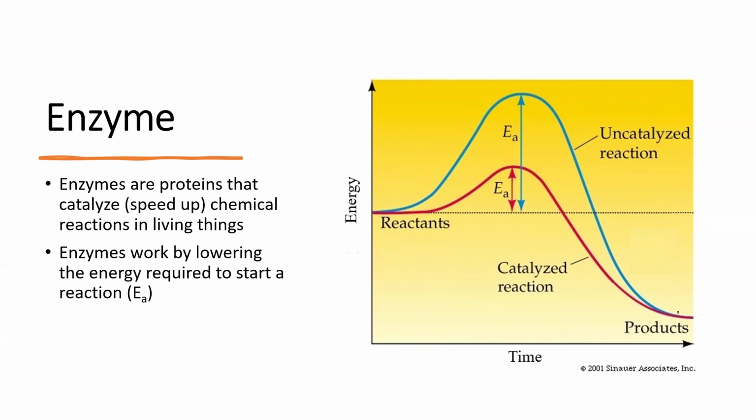When we do a chemical reaction, you actually have to pay a little bit of energy before it can happen. That energy you pay is called EA, activation energy. I'll write it down for you.